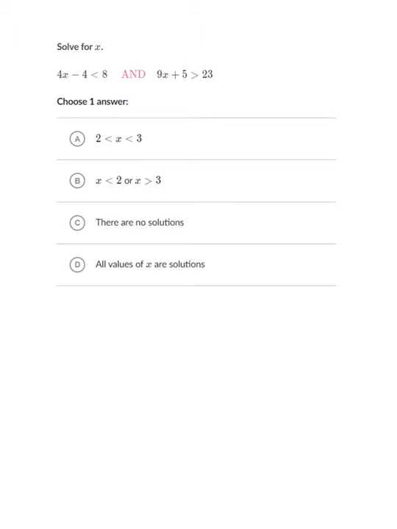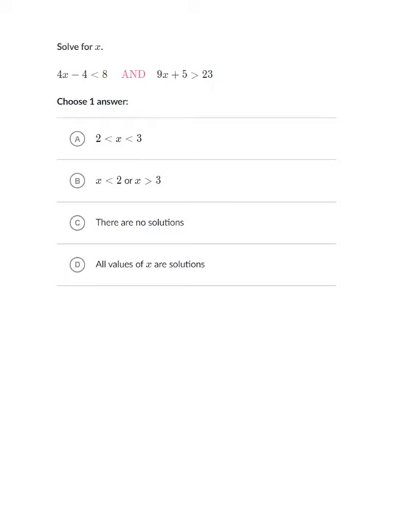Okay, on the screen is what you call a compound inequality. That compound means more than one. So here's the first half of the inequality. 4x minus 4 is less than 8. And here is the second half of the inequality. 9x plus 5 is greater than 23.